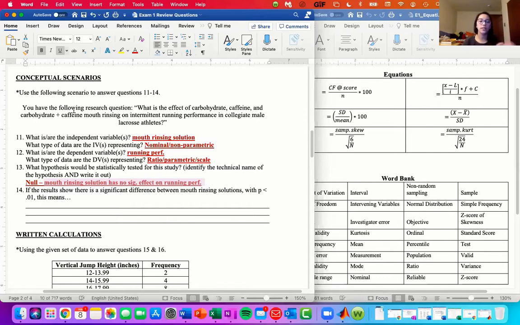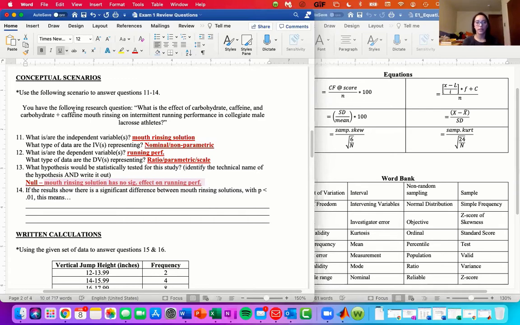We go into this more when we actually get into ANOVAs. So we won't get into the technicalities of it too much. But generally, the null hypothesis says there's no effect or no relationship. The research hypothesis will say that there is an effect or there is a relationship.